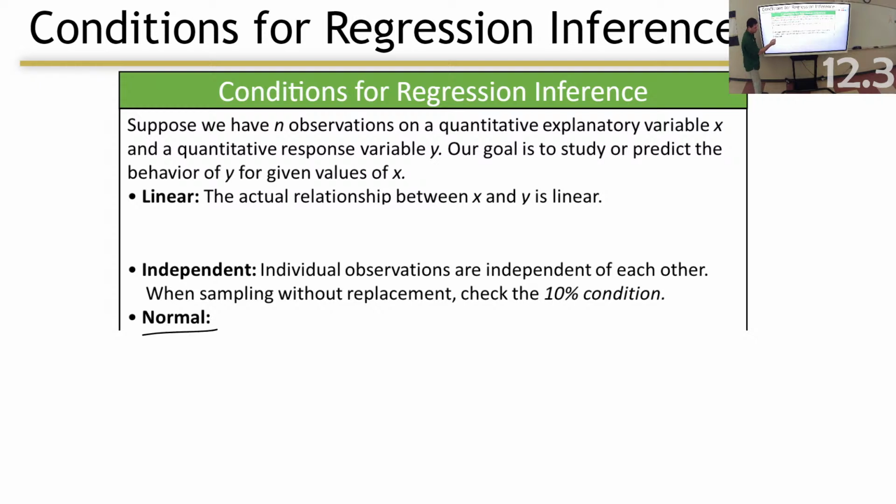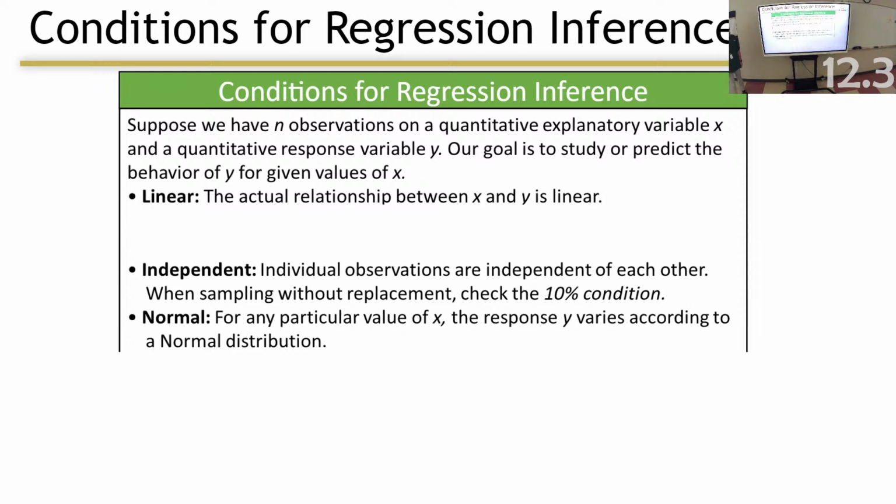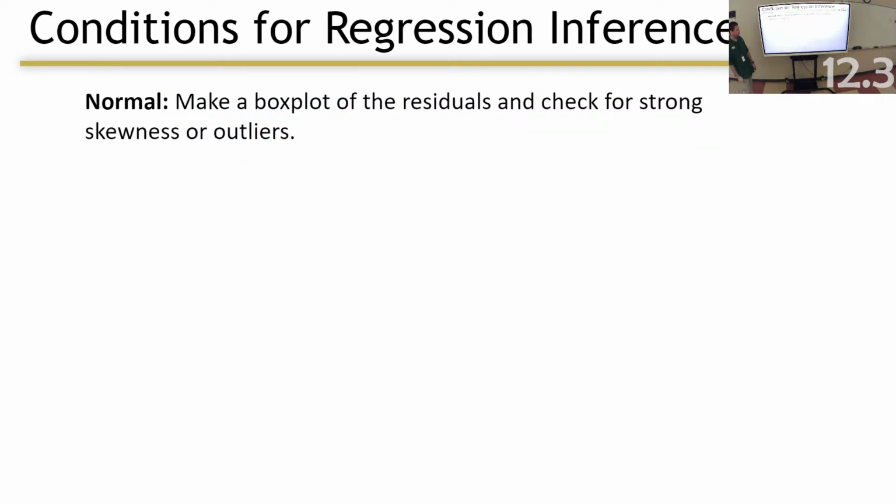Next one, we want the residuals to follow a normal pattern. Make a box plot of the residuals. It could be a box plot, it could be a bar chart, or a dot plot.